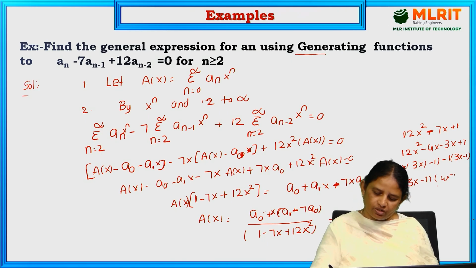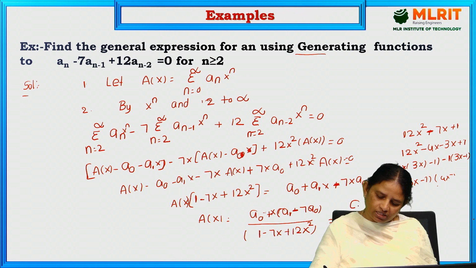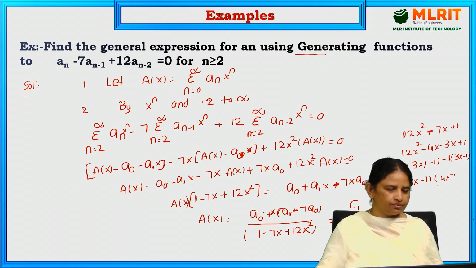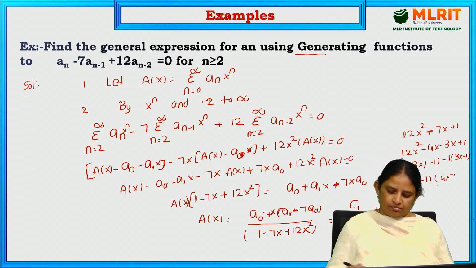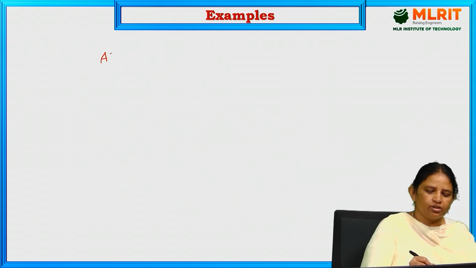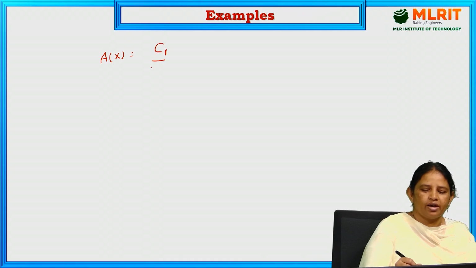So taking the two constants, we get c1 by 1 minus 3x plus c2 by 1 minus 4x. Then a of x is equal to c1 by 1 minus 3x plus c2 by 1 minus 4x.